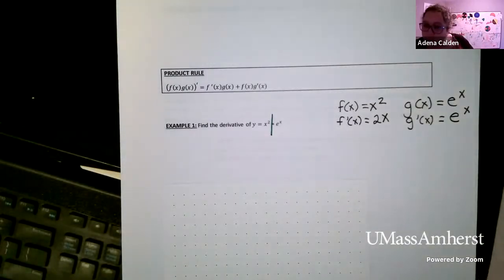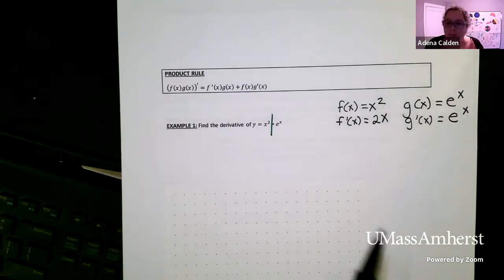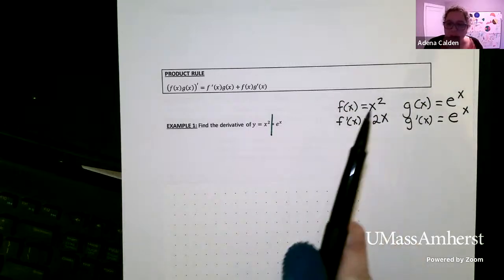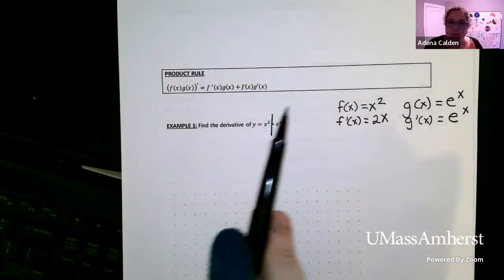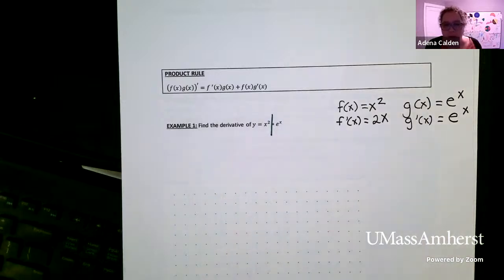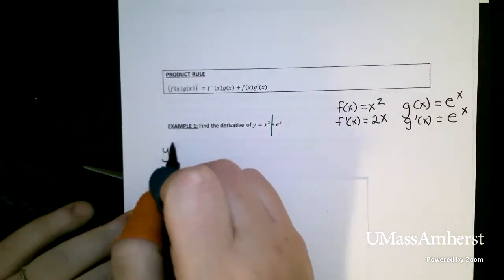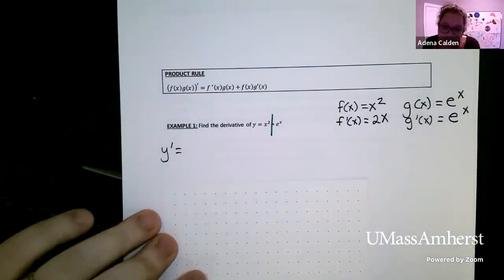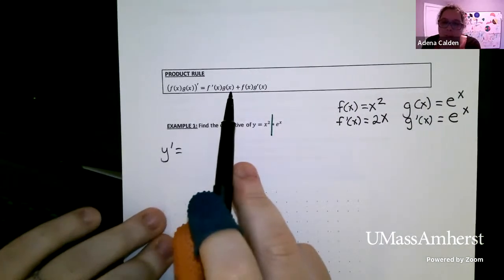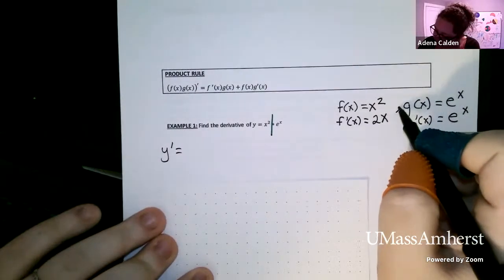Okay, so once we have those pieces, these are the 4 pieces we need to plug in to get our final answer. So here we were looking for y, so we'll say y prime, the derivative. It's going to be f prime times g.